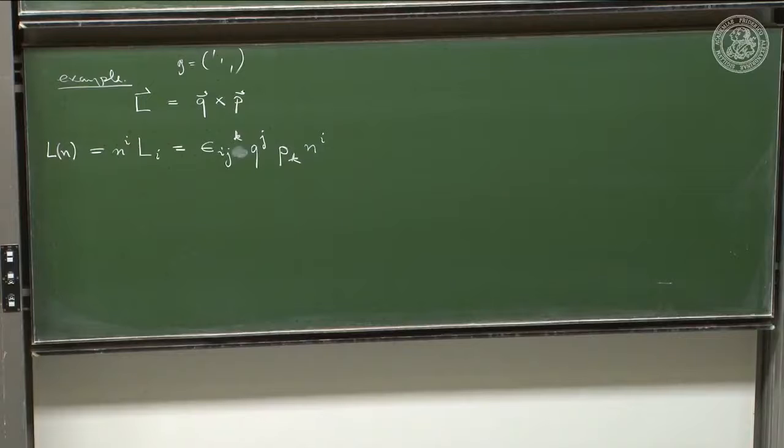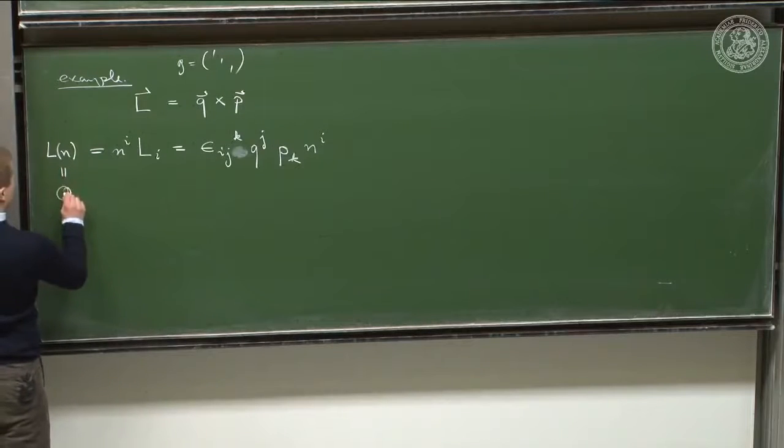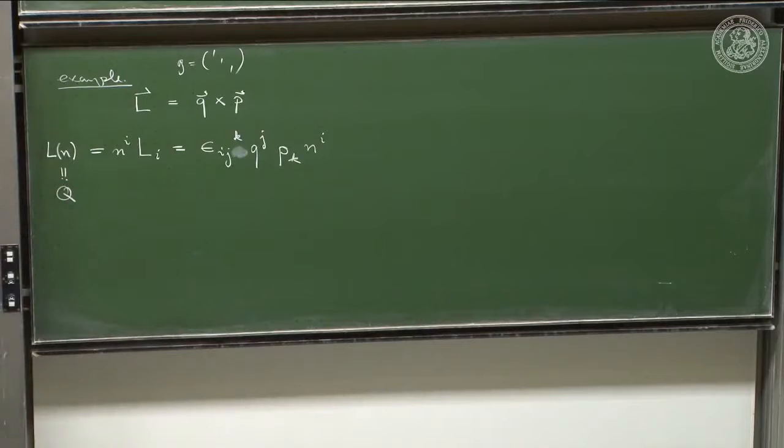I say I want to look at this axis. So if we now look at this, we know this is supposed to be our Q. We want to find the conditions for when this angular momentum is a conserved quantity.